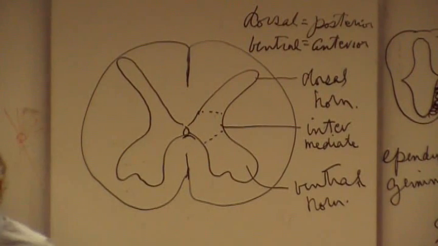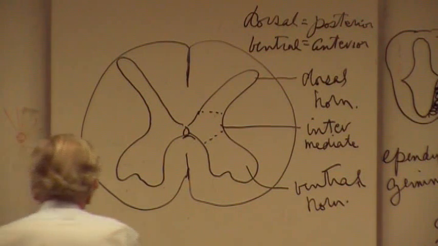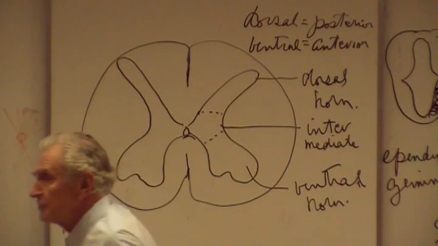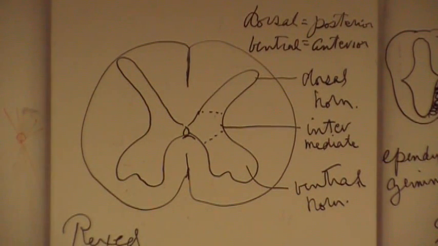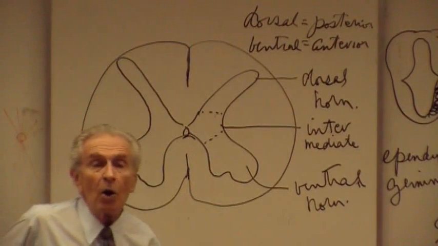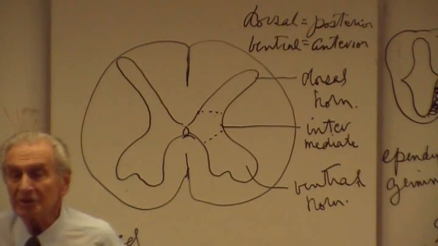I remember this very well. In 1951, a Swedish investigator named Rexed, you don't have to worry about it, just a little bit of interesting related history I have to be involved with in a negative way. Bror Rexed sent a manuscript to the Journal of Comparative Neurology, which was the reigning neuroanatomical journal of the time. And in that he proposed that you can organize the gray matter, the cells of the gray matter of the spinal cord, into 10 layers or laminae, almost like the layers in cerebral cortex.